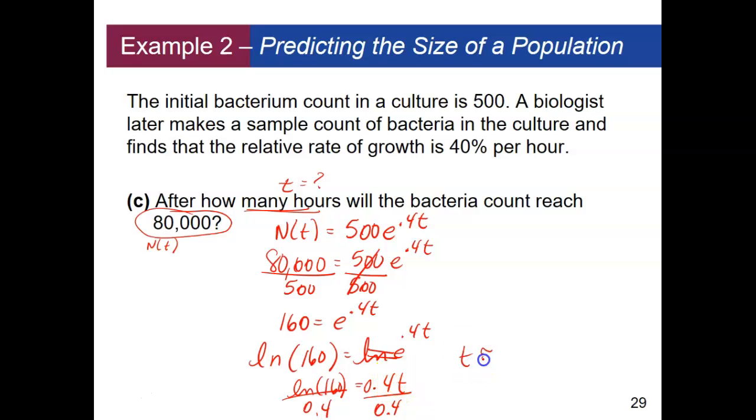So t is going to be approximately, if I divide the natural log of 160 by 0.4, t is approximately 12.68. And this is talking again about hours. So in 12.68 hours, our bacteria culture will have grown from 500 to 80,000 bacteria.